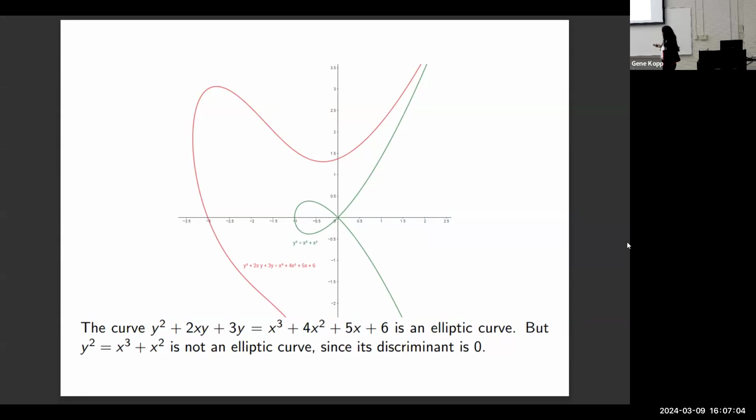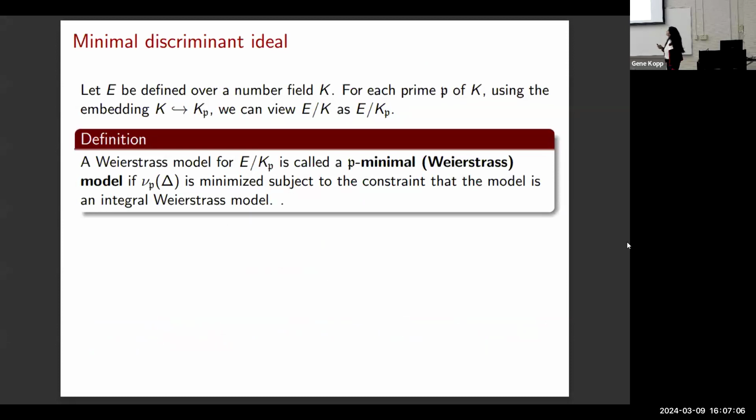It's a simple example. Now I want to define what a minimal discriminant ideal is. To do that, first I want to define it locally. For any number field K, I want to look at the elliptic curve over the number field, and then at the embedding of this number field in the completion, the p-adic completion, which I'm calling K_p.